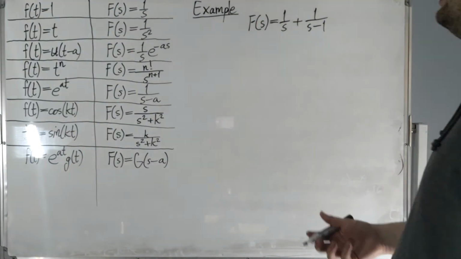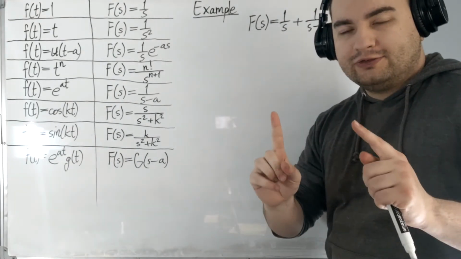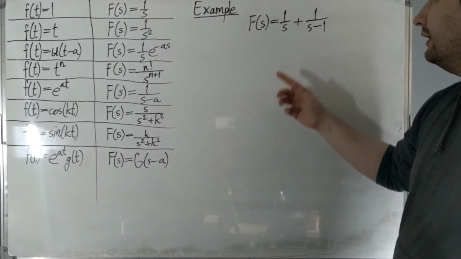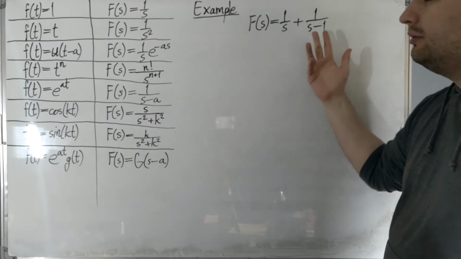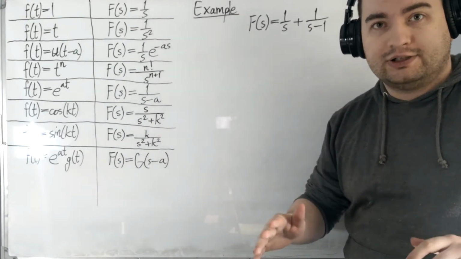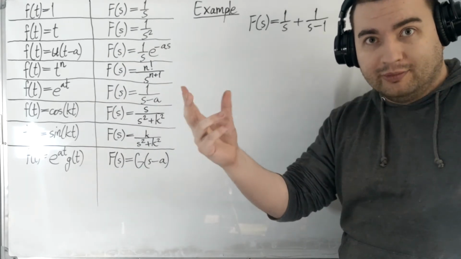So if you want to find the inverse Laplace transform, first of all, the Laplace transform and its inverse are both linear, which means that you can take the inverse Laplace transform of each term individually, and that is fine. Just like you can take the integral of each term individually, or the derivative of each term individually.